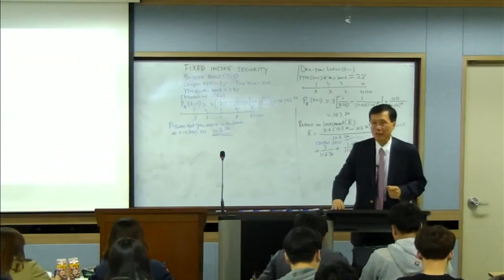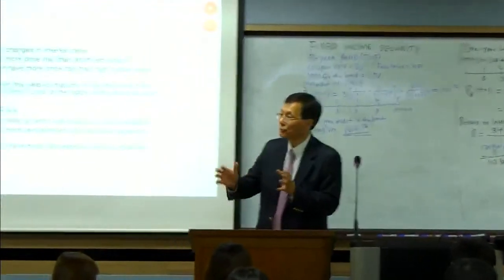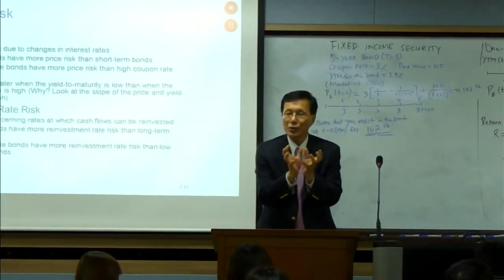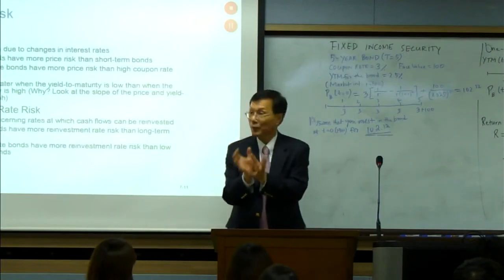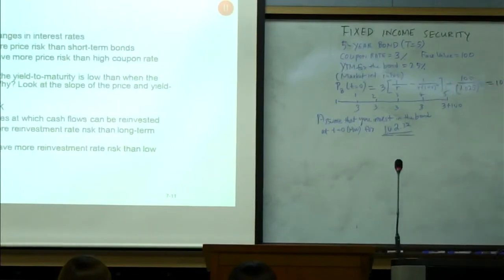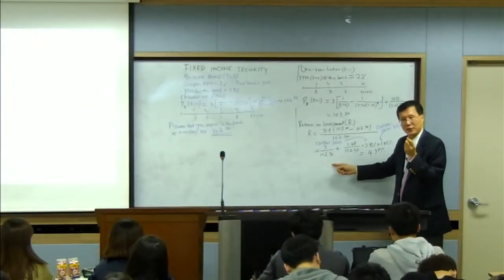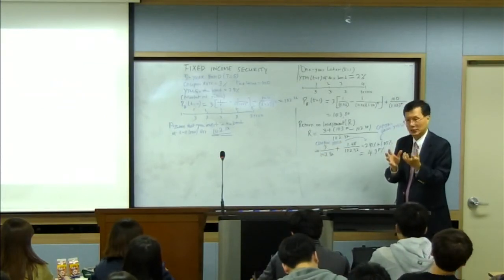So when you invest in bonds and you sell the bonds before the maturity, then you have two income sources. One is coupon income, and the other is capital gains income. For coupon income, if you take the ratio based on the original investment price, this is called coupon yield.